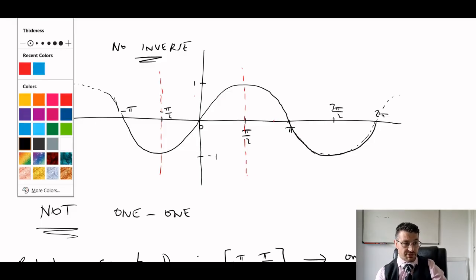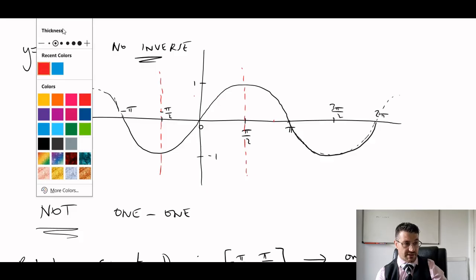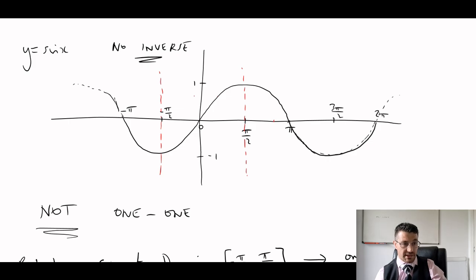But we could also restrict, so let me just change the colour of my pen here. If instead we restrict from, let's say, pi by 2 to 3 pi by 2, then on this restriction, our graph of sine x is also 1-to-1.